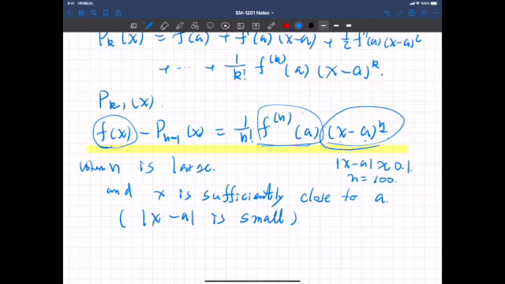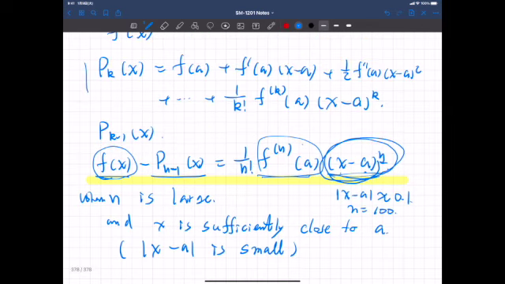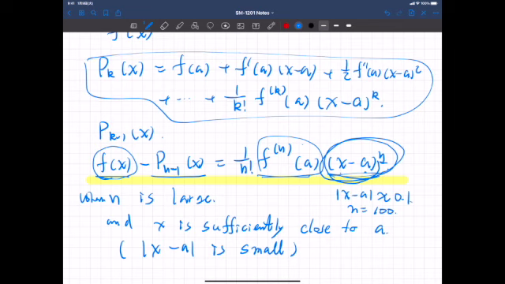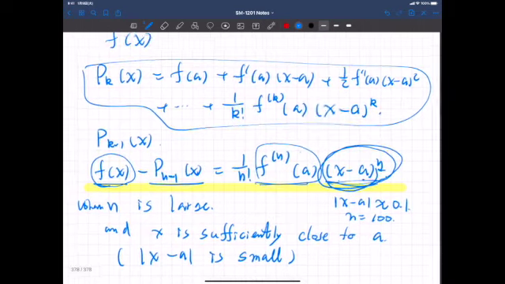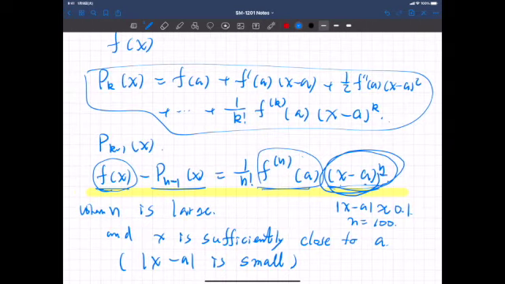So if x minus a is very small, then this should be very small. That means the difference between this function and the polynomial is extremely small. So this means we can approximate any function of class C^n by a polynomial function pretty well.